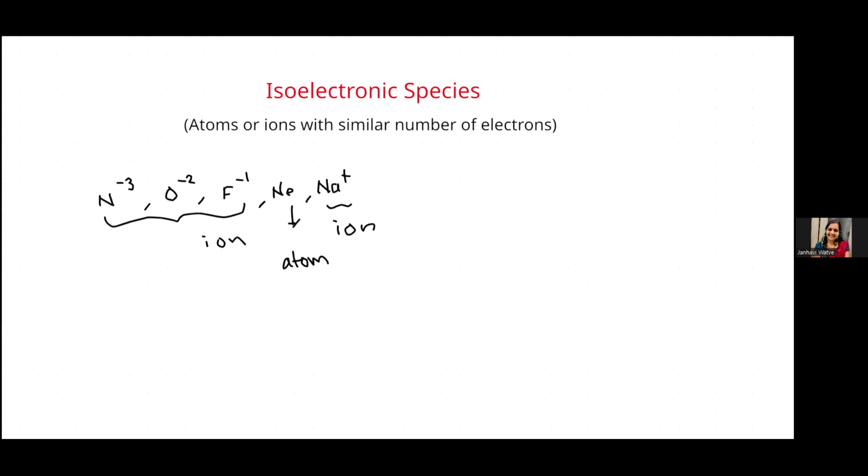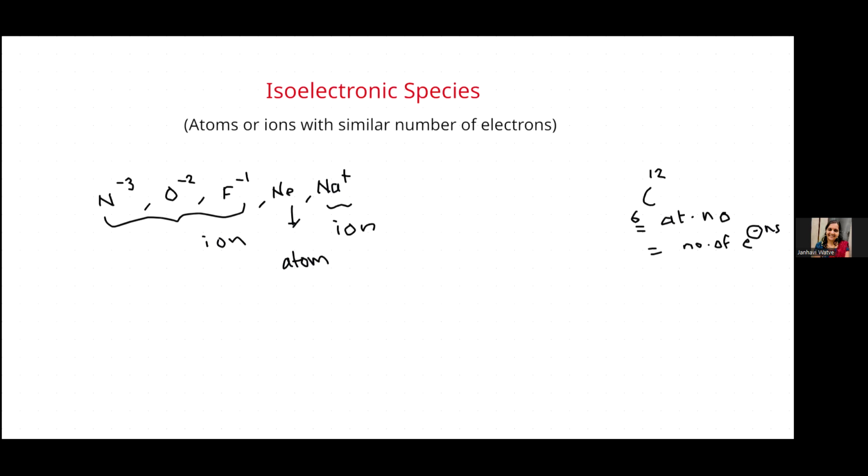If I represent this carbon species, that is 6 carbon 12, 6 is the atomic number, and the atomic number is the same as the number of electrons present in them, which means 6 is the atomic number of carbon and 6 are the number of electrons present in the carbon species.